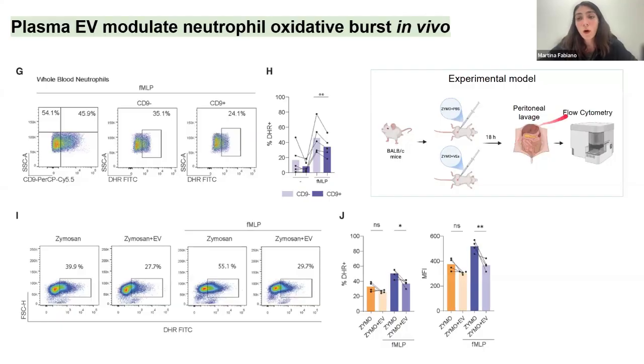With that lavage, we took all the cells that were recruited in the peritoneum, and we analyzed them by flow cytometry. I am not showing it here, but we couldn't really distinguish a different number of recruited cells, so there was no difference there.